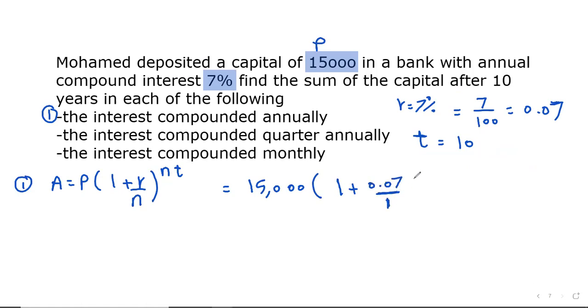Why 1? Because it's once per year, annually. All raised to the power of n times t, which is 1 multiplied by 10. By using the calculator, it will be 2,950.27. This is the sum of money he will get after 10 years if the interest is compounded annually.